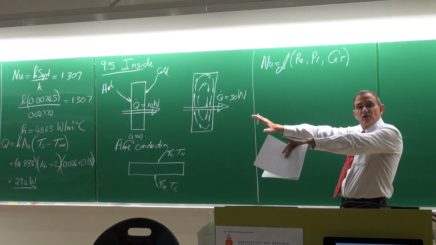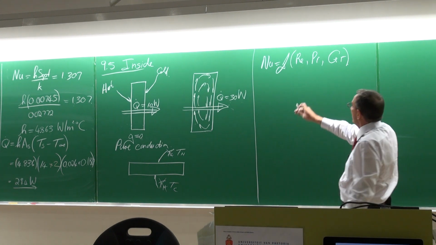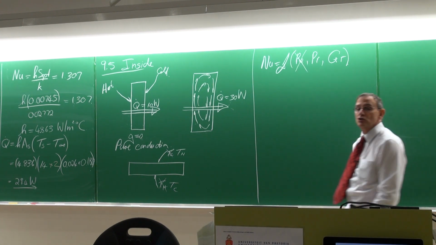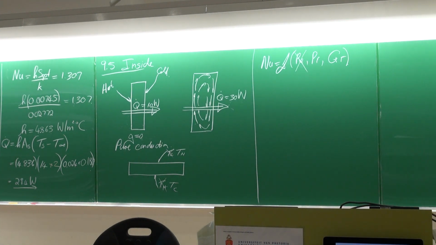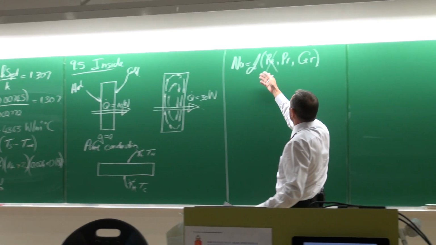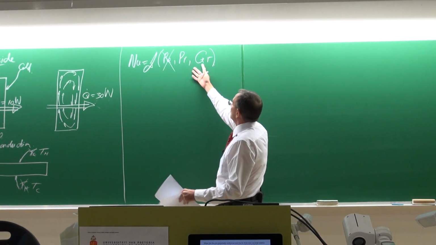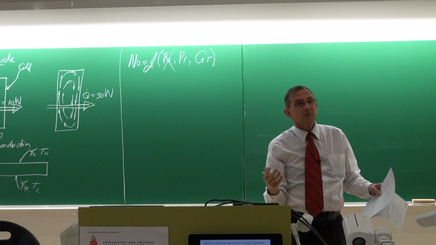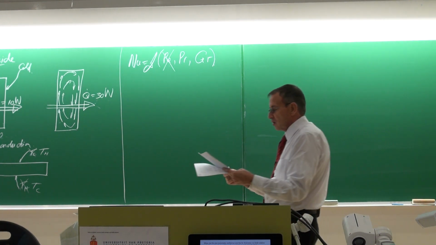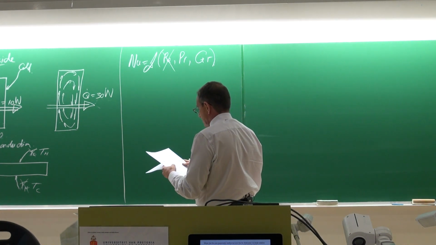But with these types of problems in chapter 9, in most cases we ignore the Reynolds number. The velocities are very, very low. So therefore you need to get a correlation of the Nusselt number as a function of Prandtl-Grashof number, or then as a function of Rayleigh number. And many, many examples are given there in your textbook.